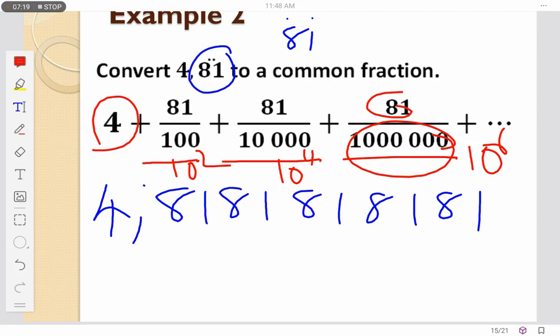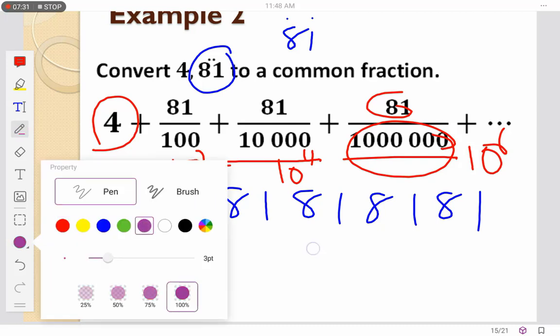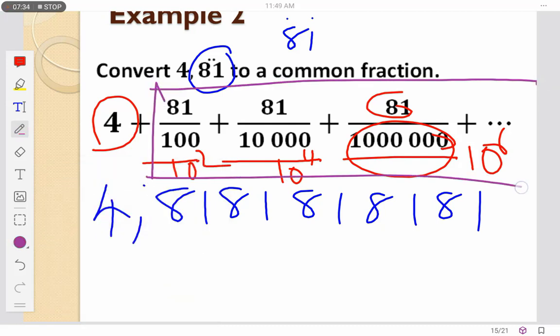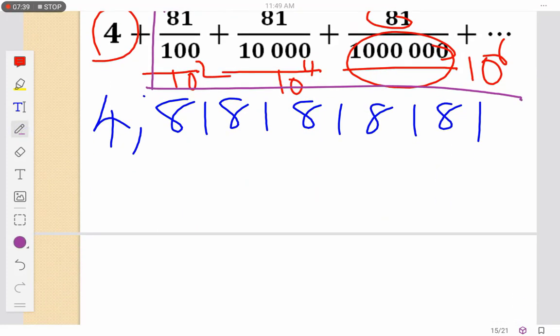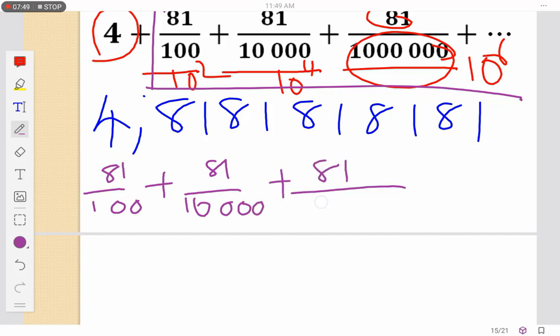Okay, like that. Having that, this becomes a series for me. If I look at this series, my 4 is not part of the series. The series starts at this point, going this side. So I can write my series as 81 over 100 plus 81 over 10,000 plus 81 over 1,000,000 plus dot dot dot.